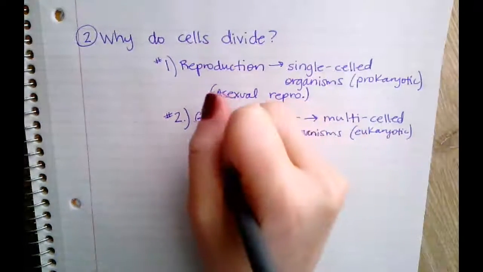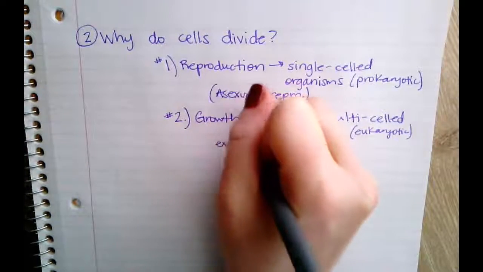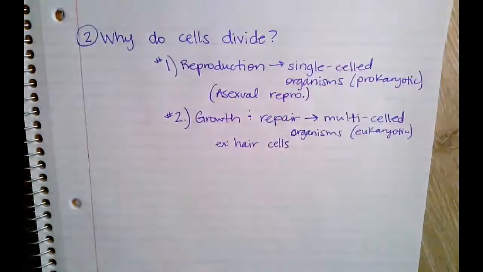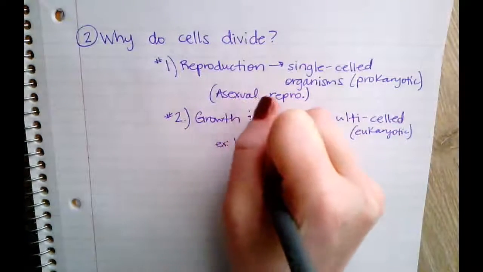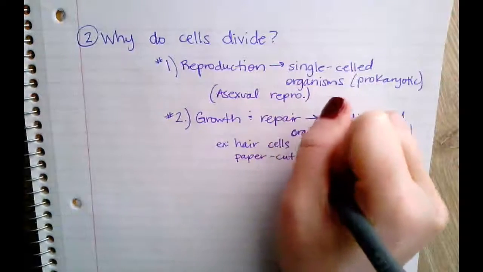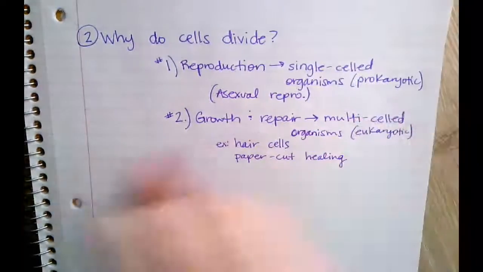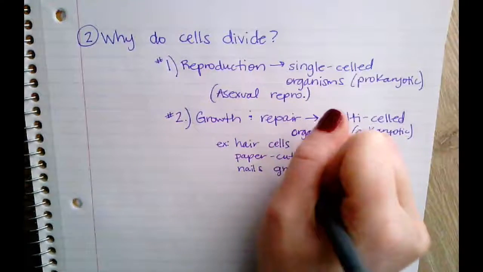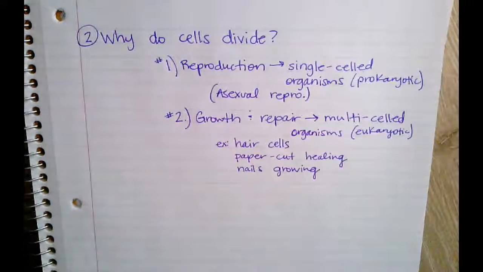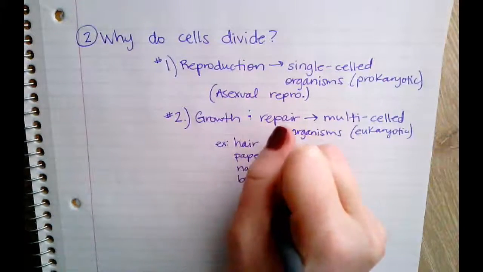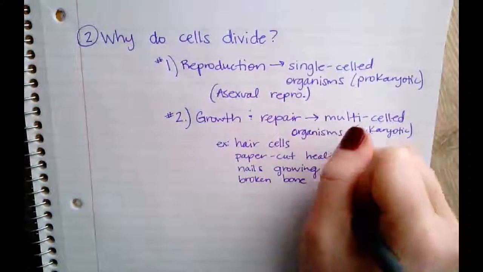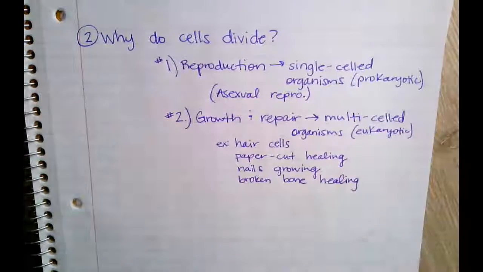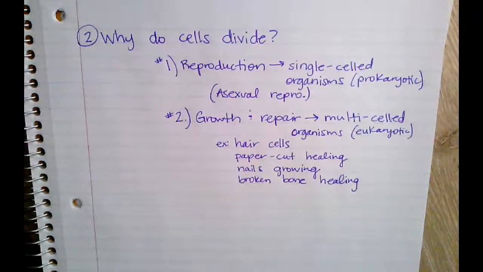So for example, for us, it would be hair cells, paper cut healing, your nails growing, broken bone healing. Okay. So that is why we go through mitosis.